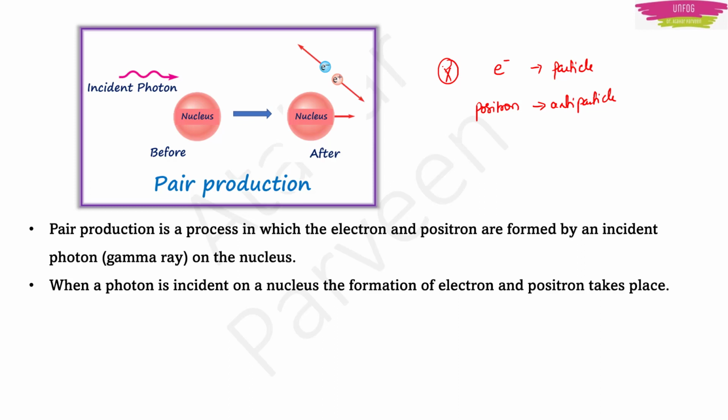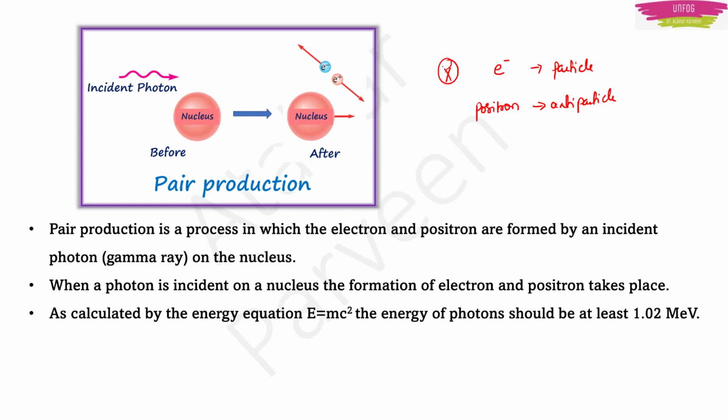Now when a photon is incident on this nucleus, the formation of electron and positron takes place, right? That's what I was telling. And as calculated by E equals mc square, the energy of the photon should be at least 1.02 MeV. If the energy of the photon is less than 1.02 MeV, then this pair production will not happen.